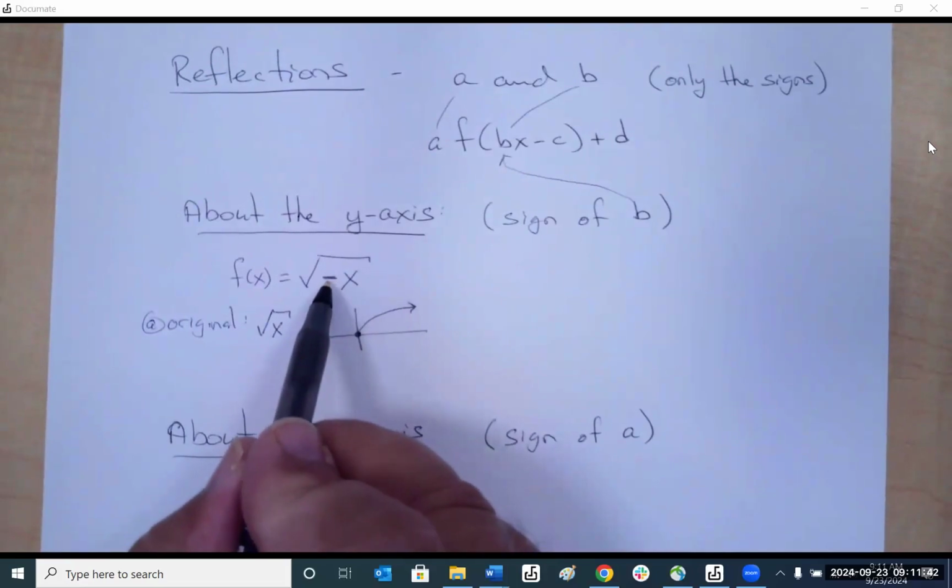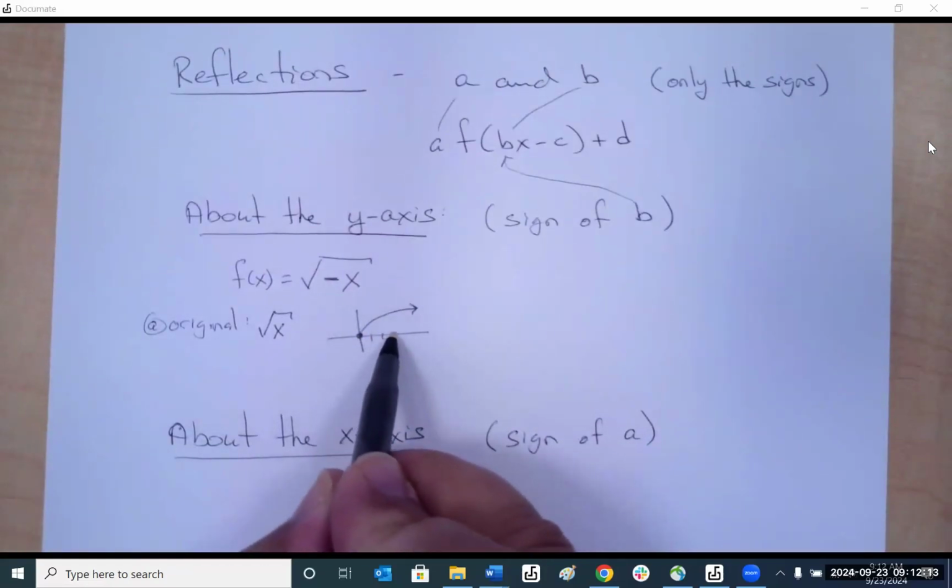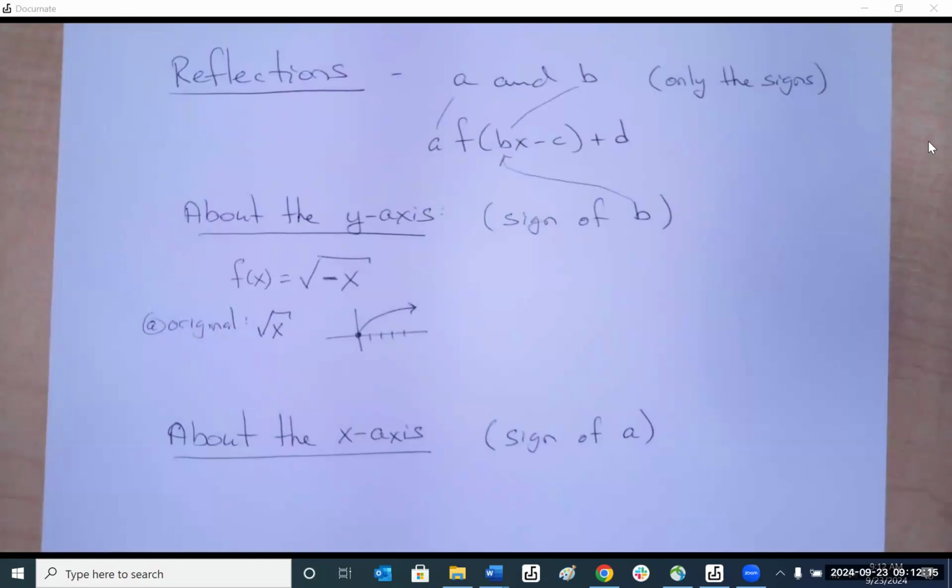So how would I get rid of this negative sign in here? By what? No, you can't add or subtract. You can't change it that way. I can only change what I put in there. You can't divide, you can't add, subtract, anything like that. It all has to do with the x values I choose.